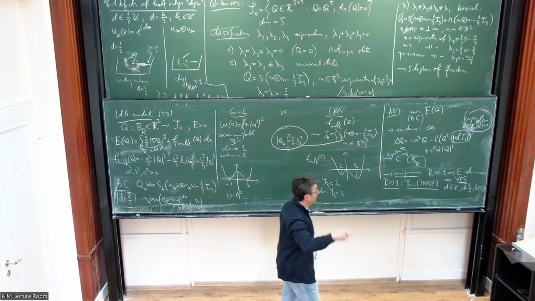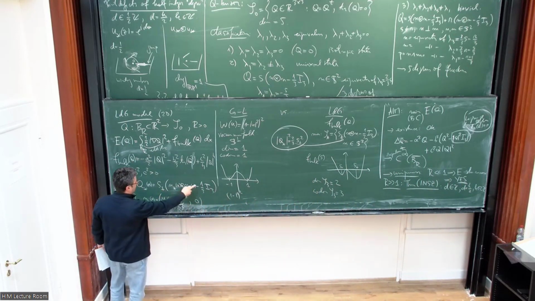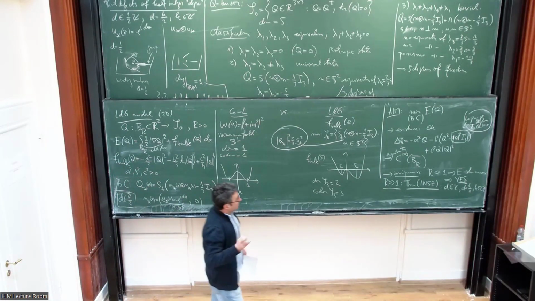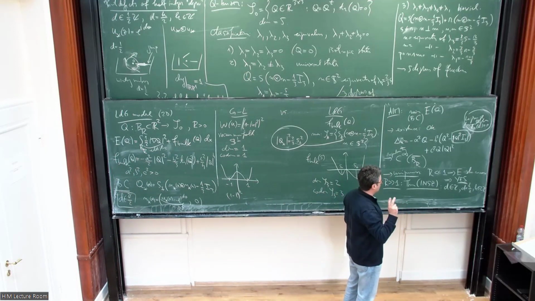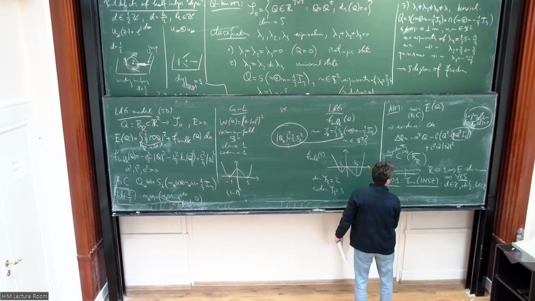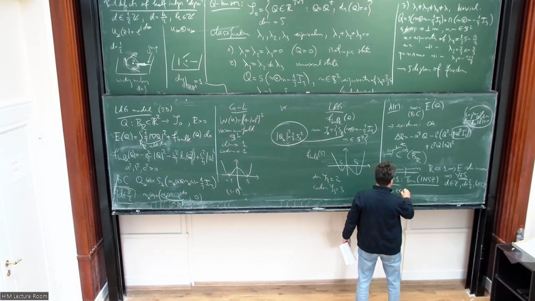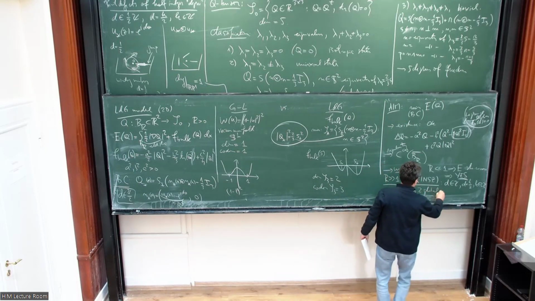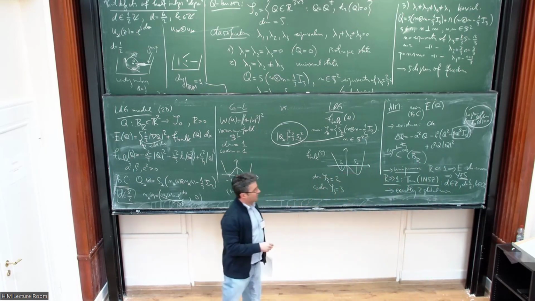So you have a real degree if you look at it as an S1 to S1 map. In this case, you can prove that there are exactly two global minimizers, and that's a very nice thing.